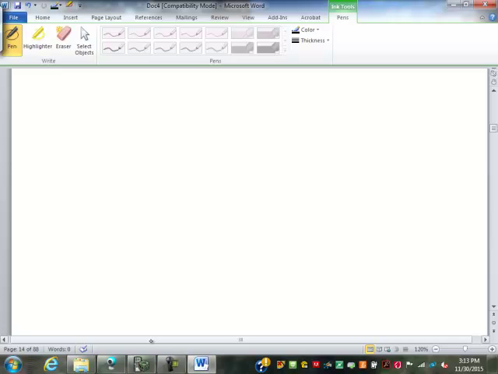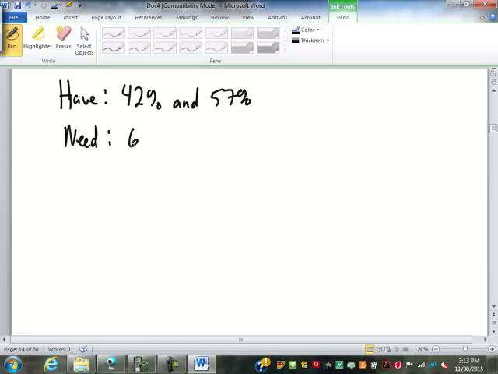So anyway, let's take a look at maybe a slightly more difficult version of these. Let's say that we have 42% and 57%. We need 600 milliliters of 52%.